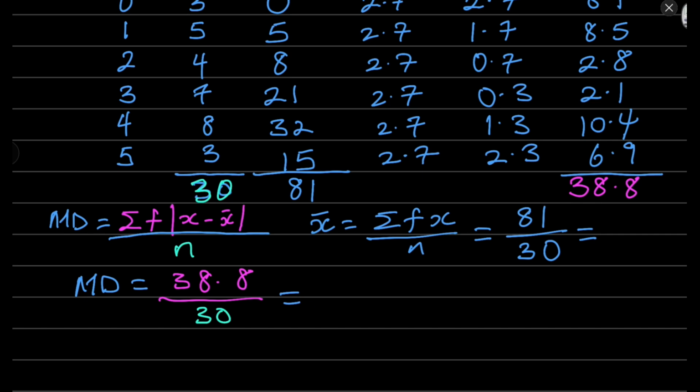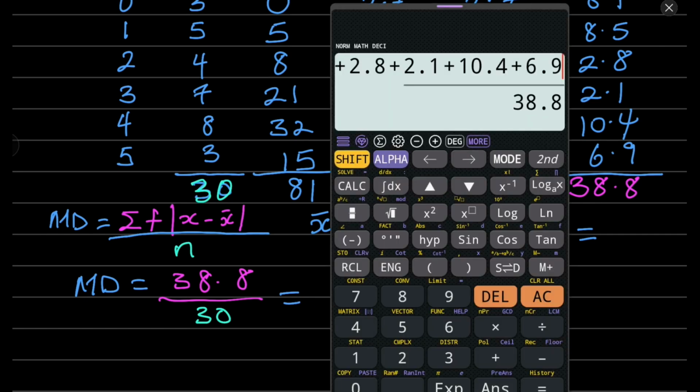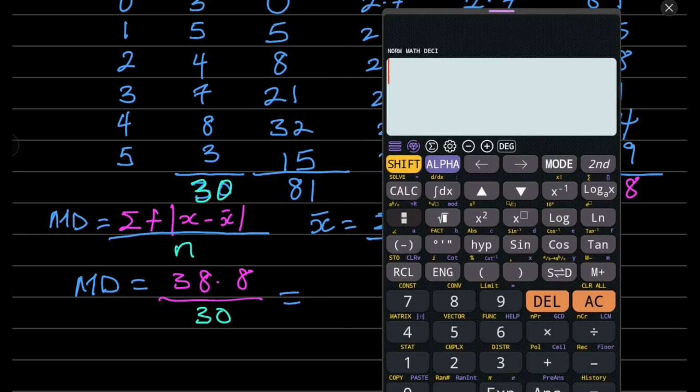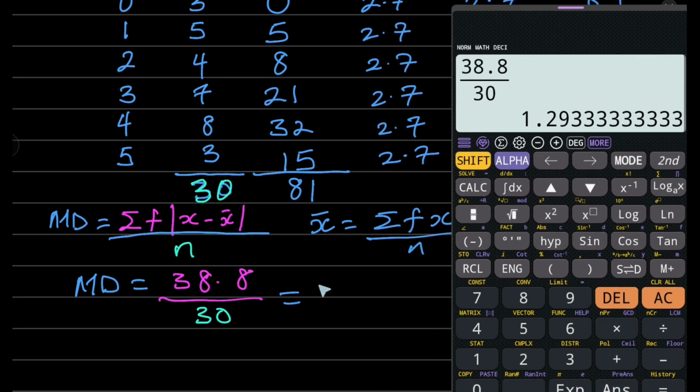Then we'll summon a calculator again. See right here we have 38.8 divided by 30. We have 1.29333. Like I would always say, you're free to approximate to 3 decimal places. So that's just as simple as that.